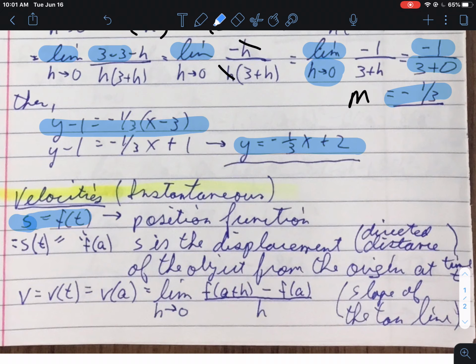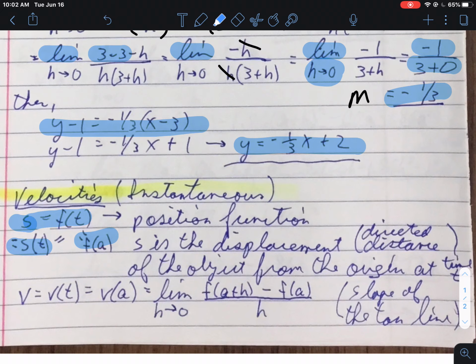That's true of any function, and you can use different variables, but it's tradition. s is our position function, so s of t with respect to time. In this case, we're looking at f of a with respect to a specific t value, which we're calling our a value. So don't get too caught up in the notation. That's just basic algebra. We can call our function whatever we want and use whatever variable to represent our independent variable. It's just tradition with velocity and position to use s and t.